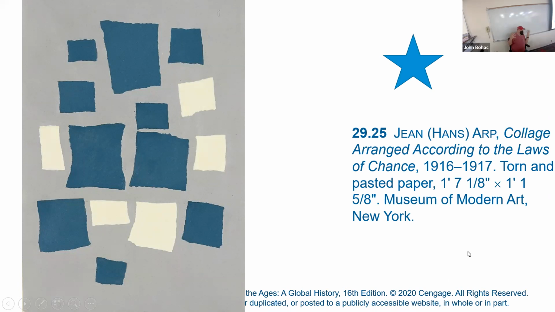And so Dada itself springs up in a number of different places. One of the early Dada centers was Zurich. Zurich is in Switzerland. If you know something about military history, European history, you'll know that during this First World War, and the second for that matter, Switzerland was neutral.